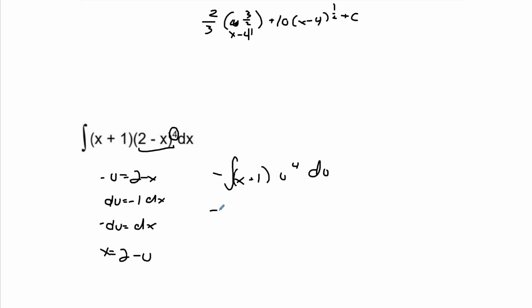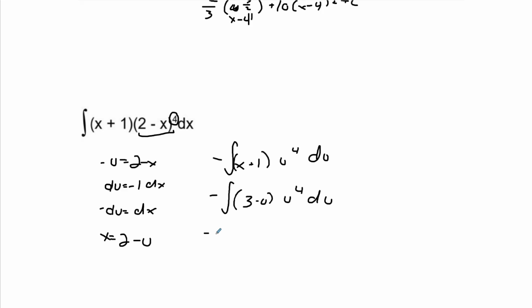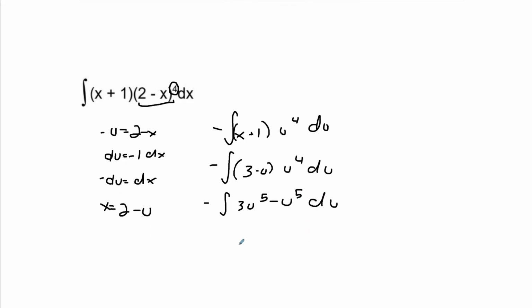So this is going to be negative times the integral where, instead of x, we're going to have 2 minus u. So it would be 2 minus u plus 1, so 3 minus u, right, times u to the 4th du. Okay, so we would then have negative integral of 3u to the 4th minus u to the 5th du. And now we can actually integrate it. So we're going to have u to the 5th, and we're going to multiply this by negative 3/5, right?